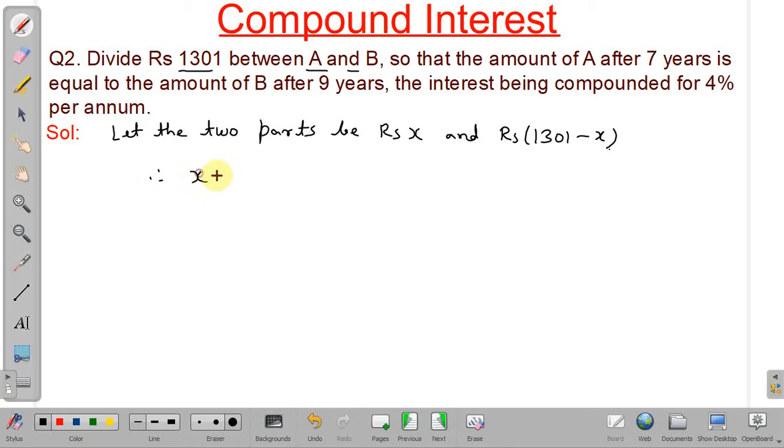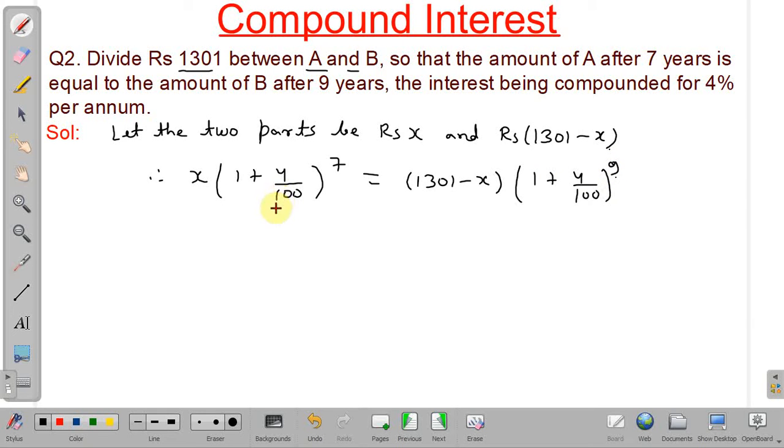Therefore, principal is x into 1 plus rate of interest 4% by 100 to the power 7 equal to, for second part principal is 1301 minus x into 1 plus rate of interest is 4% divided by 100 to the power 9 years.